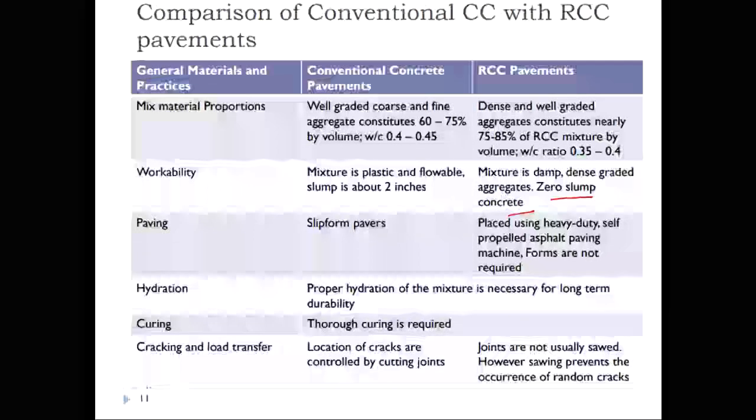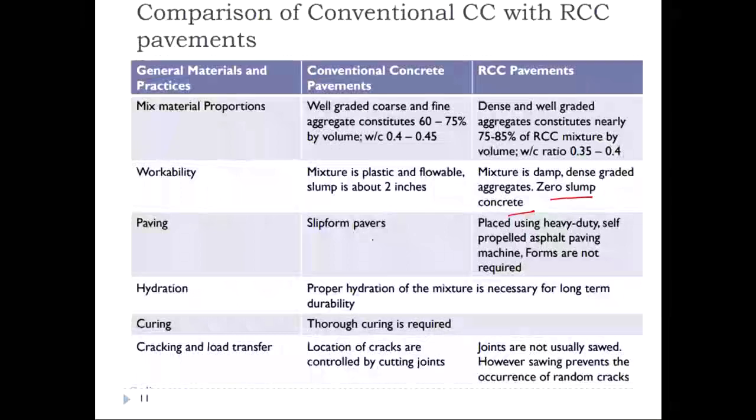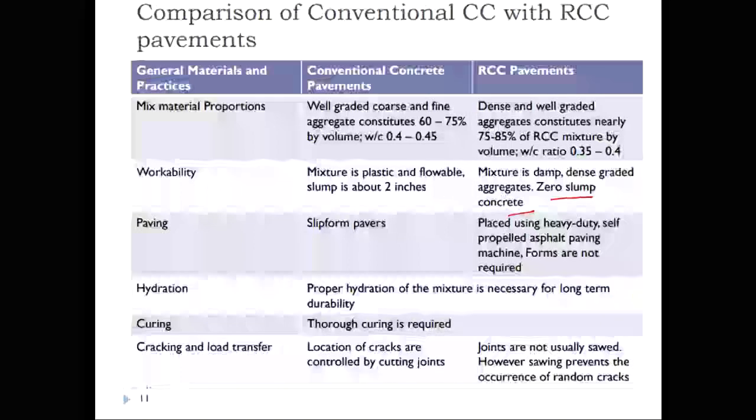In the case of a conventional concrete, we tend to adopt slip form pavers. In the case of, say, high volume roads, we adopt slip form pavers. But in the case of roller compacted concrete mixes, we tend to use asphalt paving equipment. You don't require any forms, because this contains lower water content.